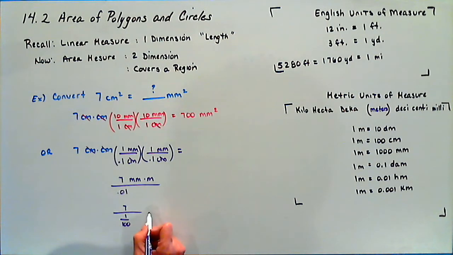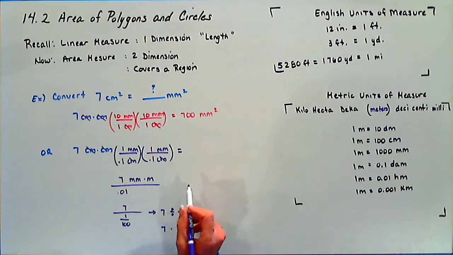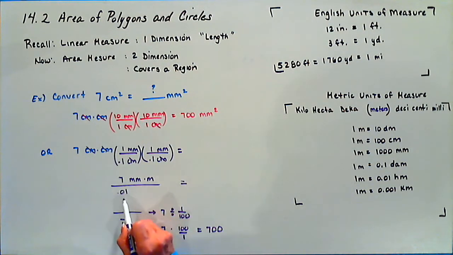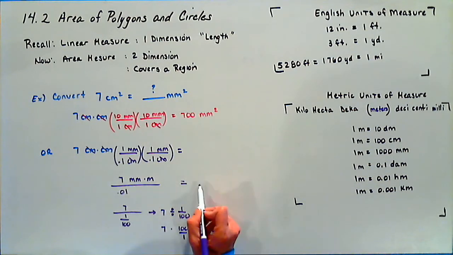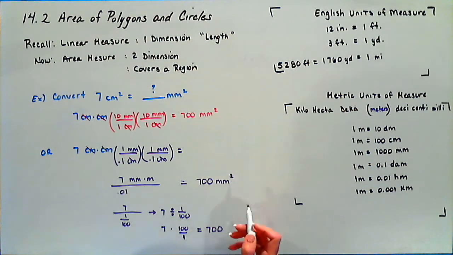Dividing by a fraction is exactly the same as multiplying by its reciprocal. So you still end up with 700, or use your calculator, 7 divided by 1/100th still leaves us with 700 millimeters squared.